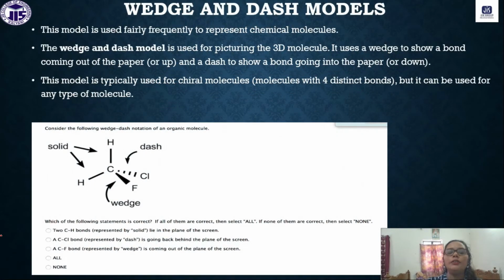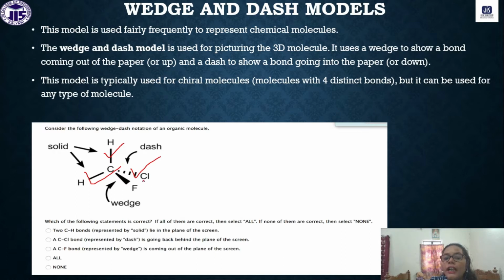Now here we have two solid bonds, one dotted bond, and one broad bond, which is the wedge bond. What is the meaning of the dotted bond, the broad bond, and the solid bonds?